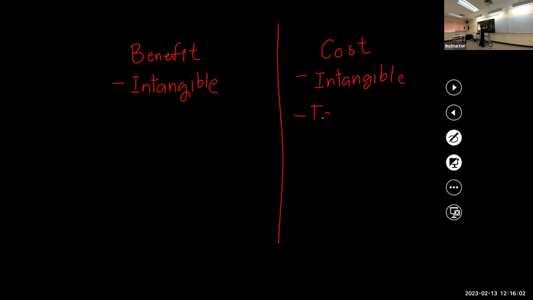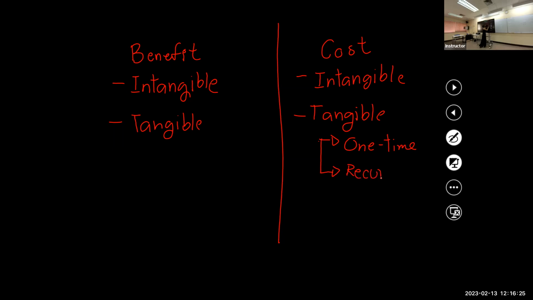In terms of tangible, you can break down into what? Remember, one-time or recurring. And even fixed cost, or if not fixed, then it is what? Variable, yes.